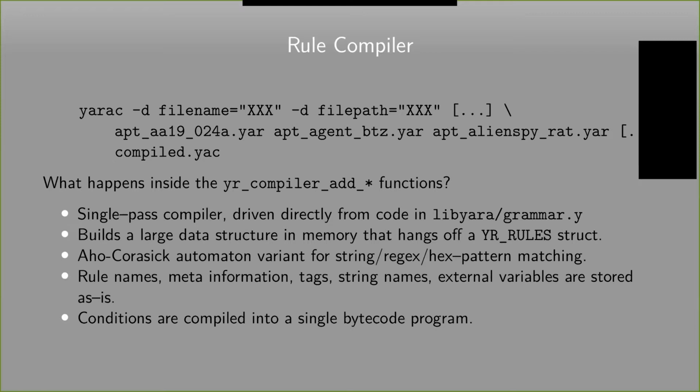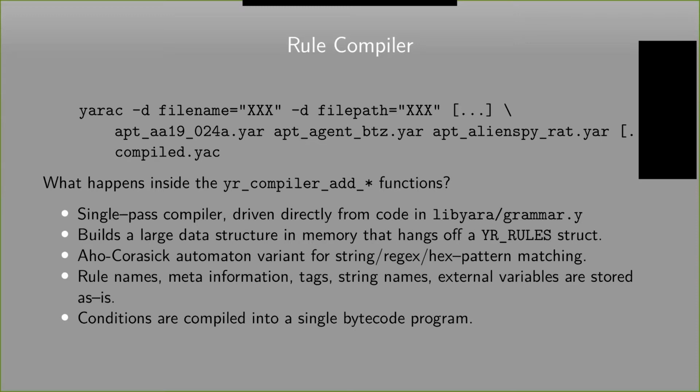So what actually happens when you compile a rule set? At the top, I've taken an example from the signature base rule set from Florian Roth. This is part of a command line that is used to compile the whole rule set into one file.